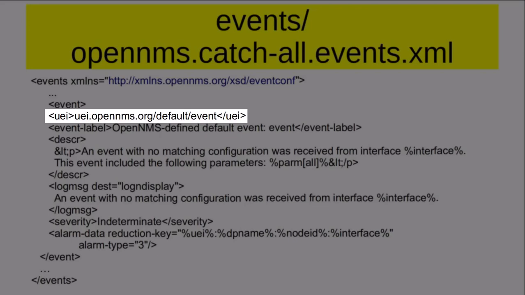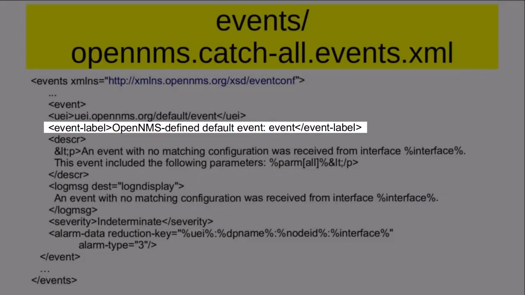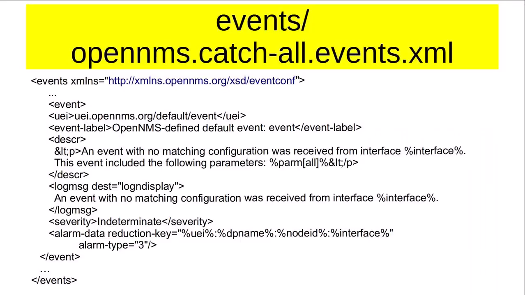UEIs are typically formatted in the style of a URI, but the only requirement is that they start with uei, period. An event label, a short, static label that summarizes the gist of all instances of this event.